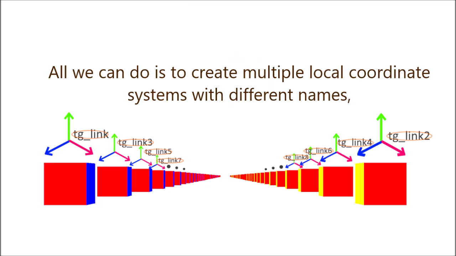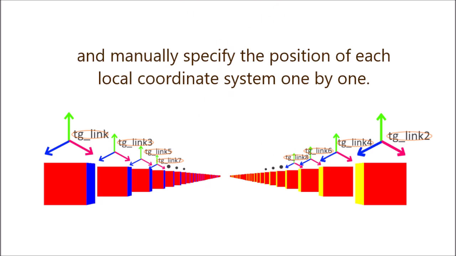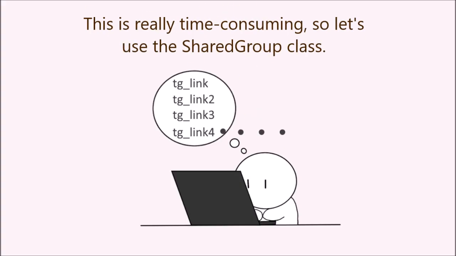All we can do is to create multiple local coordinate systems with different names, and manually specify the position of each local coordinate system one by one. This is really time-consuming, so let's use the SharedGroup class.